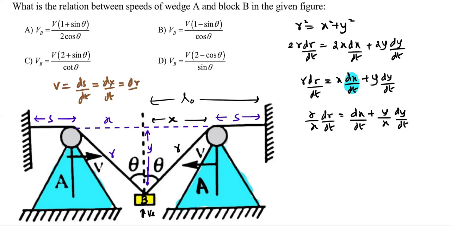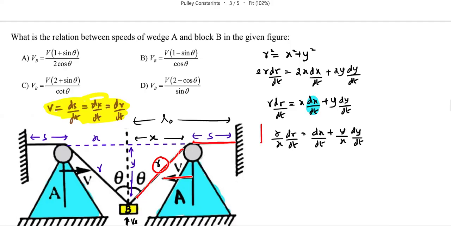This is also equal to dr by dt. How come we are highlighting all these things in this way? Why are we assuming all this as only one v? So come to this: the change in length of this part of the string is equal to the velocity of the wedge. How much will this length increase?